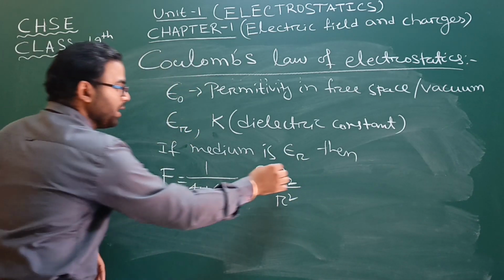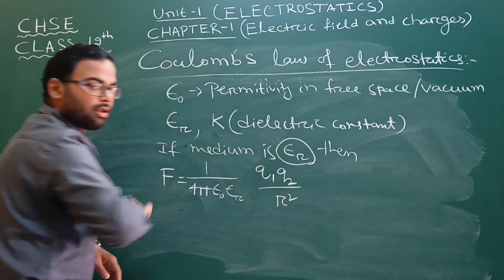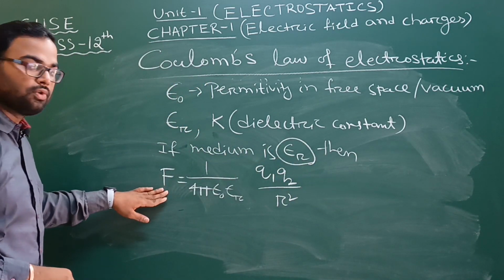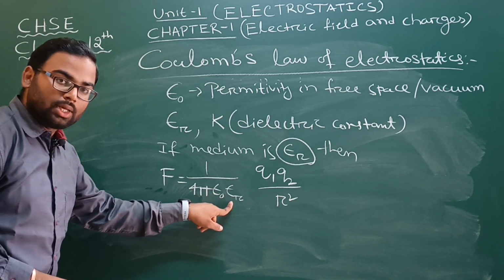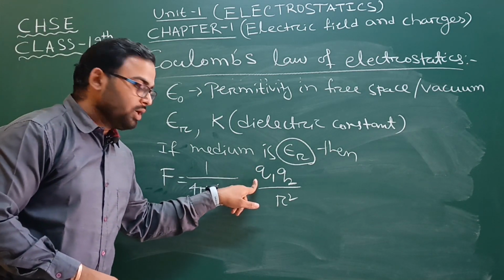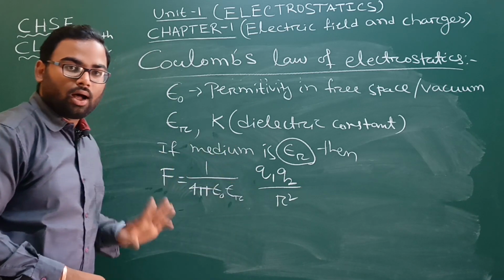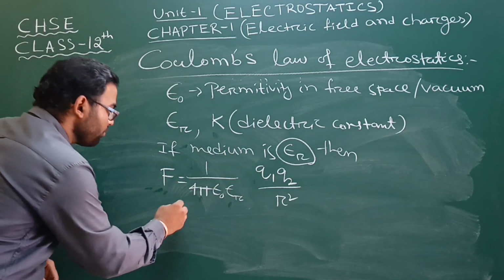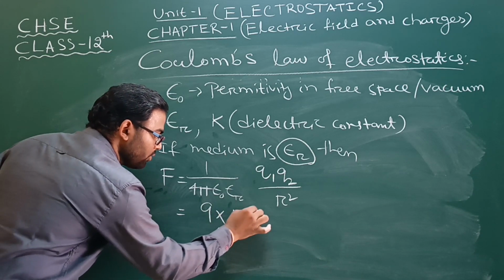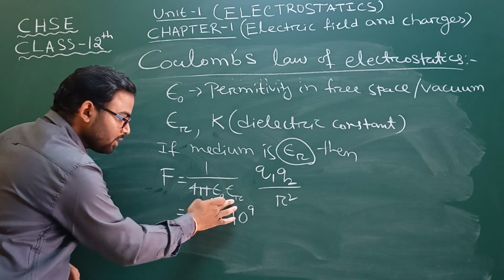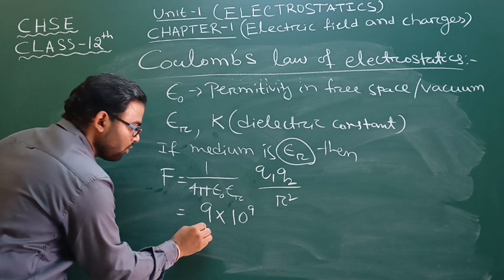If the medium is epsilon r, then we can write Coulomb's force as 1 by 4 pi epsilon naught into epsilon r, whole into q1 q2 by r square. The value of 1 by 4 pi epsilon naught is 9 into 10 to the power 9, and epsilon r is divided in this formula.